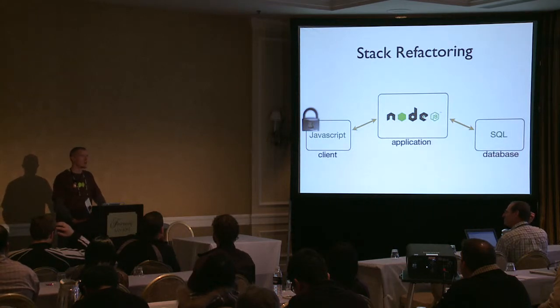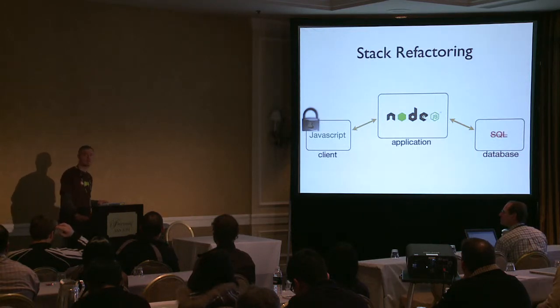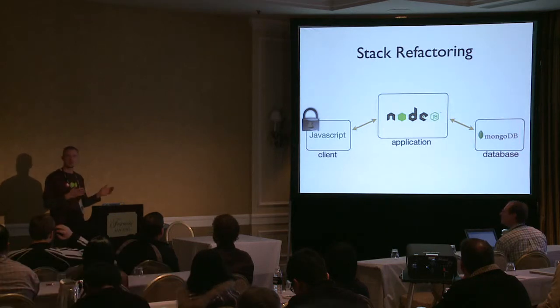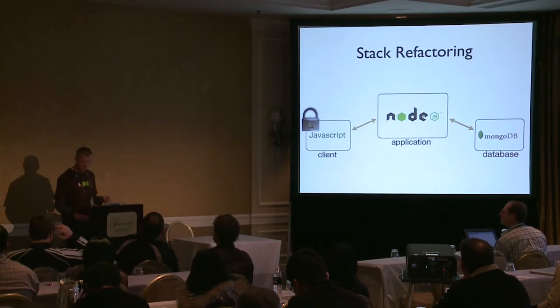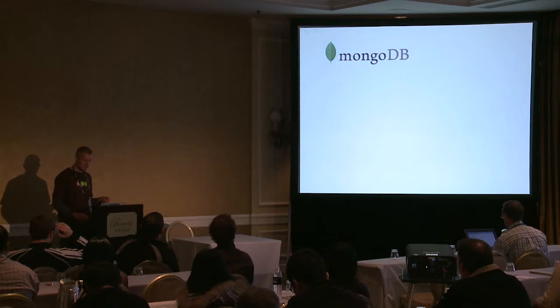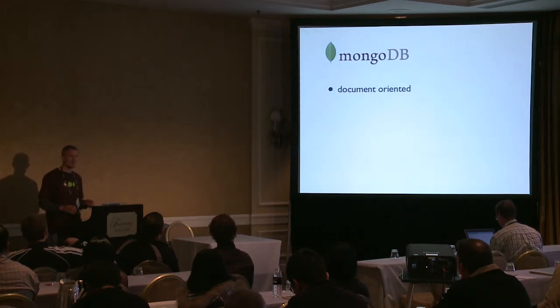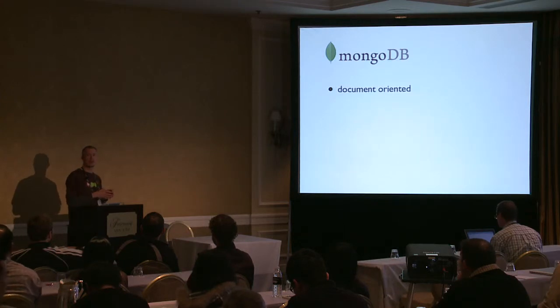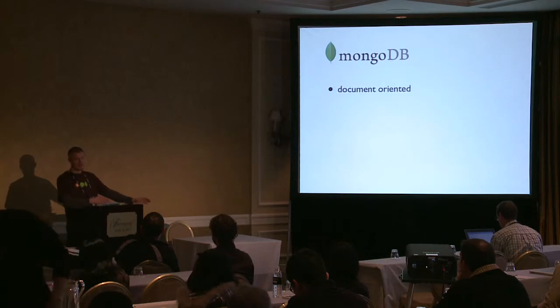Ideally, I wanted something more rich than a key-val store that stored JSON, but I really liked a lot of the capabilities that a relational database would give me, like MySQL or whatever. So after a little bit of searching around, I found MongoDB, and MongoDB is a little bit different. It's a document-oriented database, right? It's going to allow me to put objects in, just plain old, everyday JavaScript objects, and store them in the database.